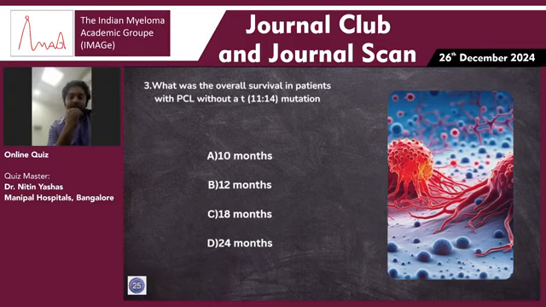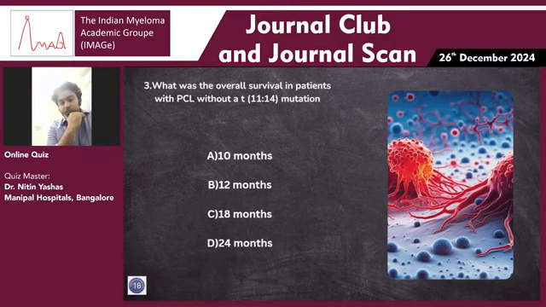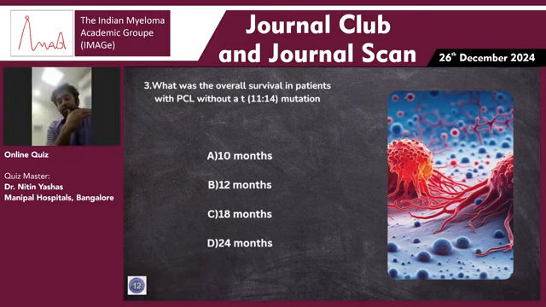Is it 10 months, a year, 18 months, or 2 years? We know that 11;14 in the article showed a very favorable OS, but what was the OS in those without t(11;14)? All the other mutations were grouped into this category. What was the overall survival in such patients?